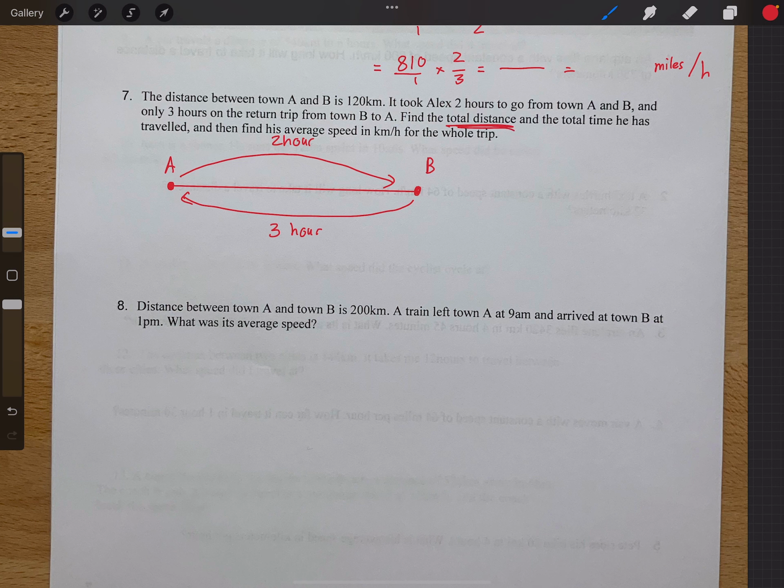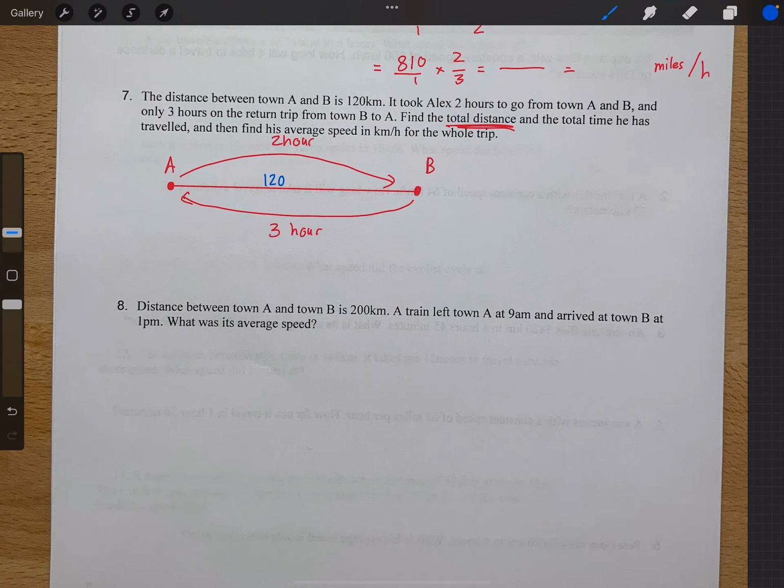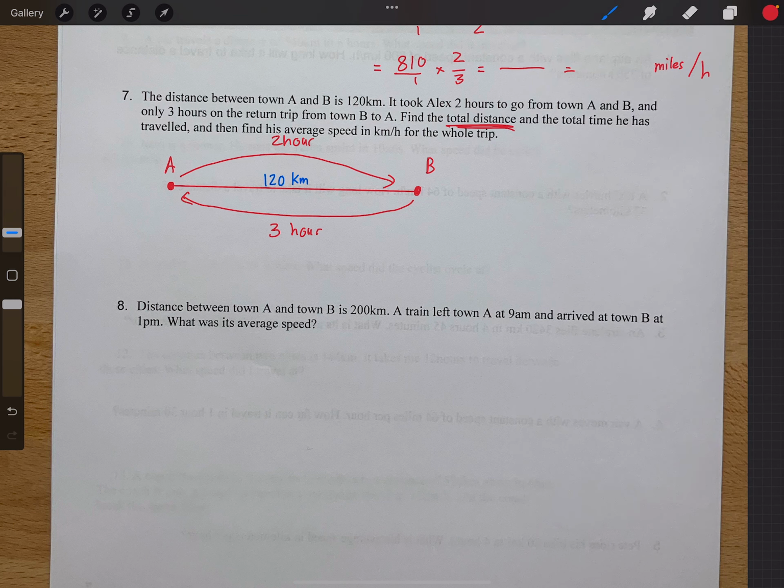Okay, what's the total distance? Now the distance between town A and town B, I'll color that in blue, is 120 kilometers. So if Alex traveled from A to B, then from B back to A, that means he's traveled 120 kilometers twice, isn't he? So 120 times 2 will give me 240. That means Alex has traveled 240 kilometers.